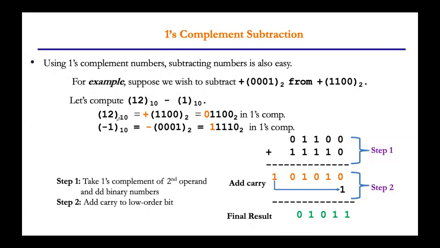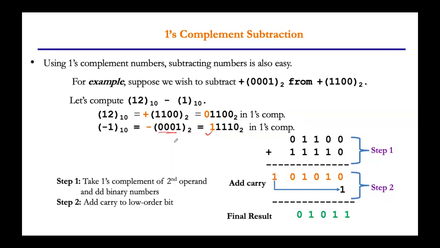In subtraction, we do the same operation for the plus 12 number. The binary form is 1100, and it is a positive number, so the sign representation is the binary equivalent with 0 added. For minus 1, take the minus symbol out, and write the binary representation of 1. The minus is represented with 1.